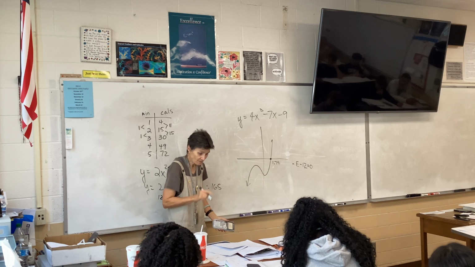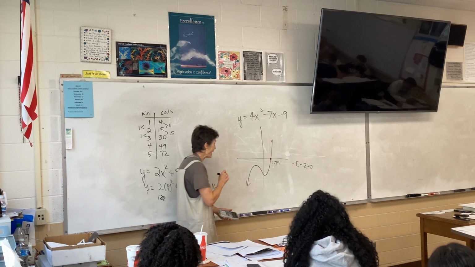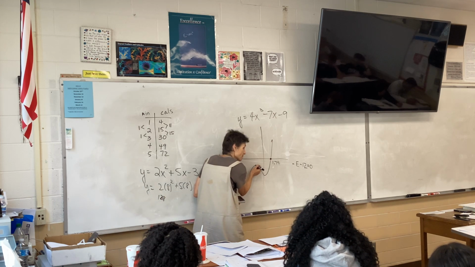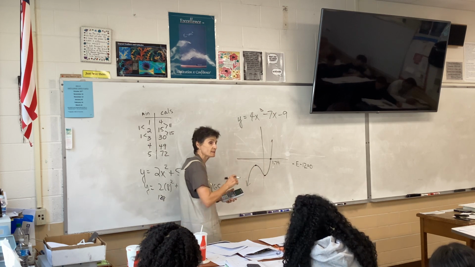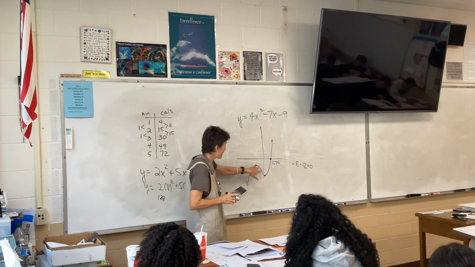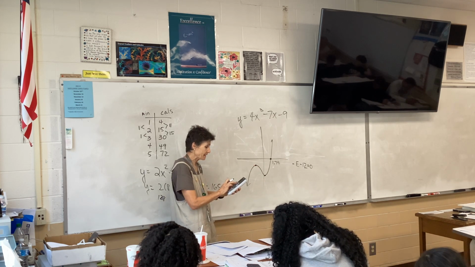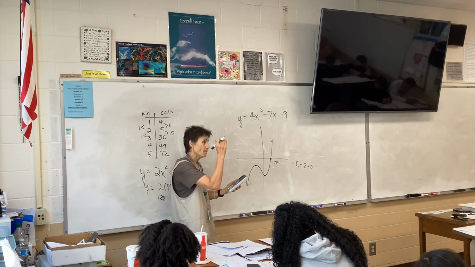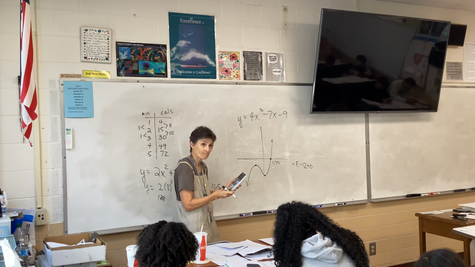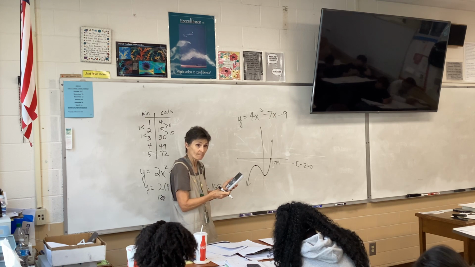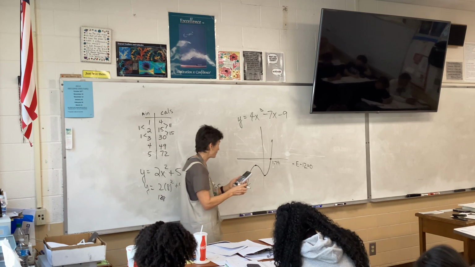Now, this particular problem asks you to find the maximum and the minimum. Guess what? We do it the same way. So let's find the maximum first. Second, calc. This time we'll pick maximum, right? And then it says, okay, what's your left bound?